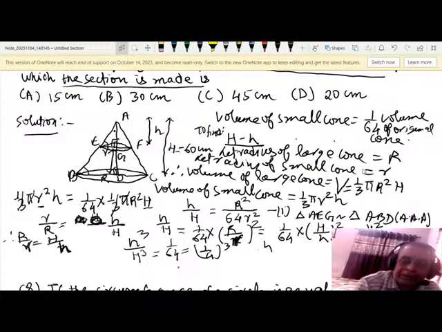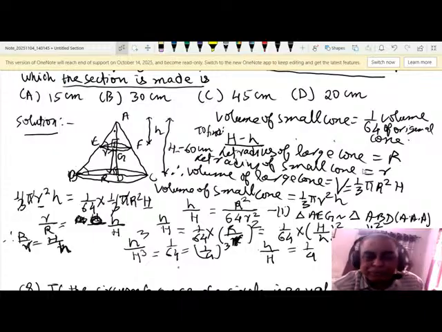Taking the cube root of both sides, small h by capital H is 1 upon 4. So small h is capital H divided by 4. Capital H is the height of the original cone, 60 by 4, which gives 15 centimeter. So small h is 15 centimeter.